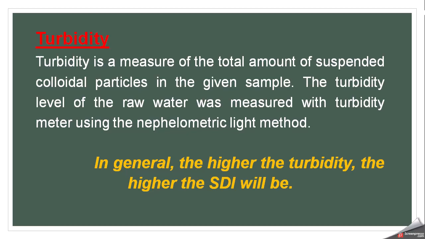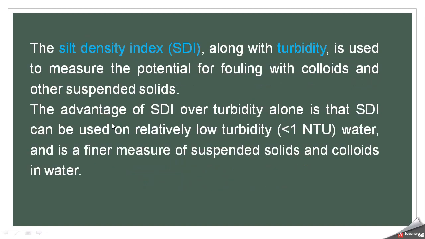In general, the higher the turbidity, the higher the SDI value. However, the silt density index along with turbidity is used to measure the potential for fouling with colloids and other suspended solids. However, there is an advantage of SDI over turbidity.